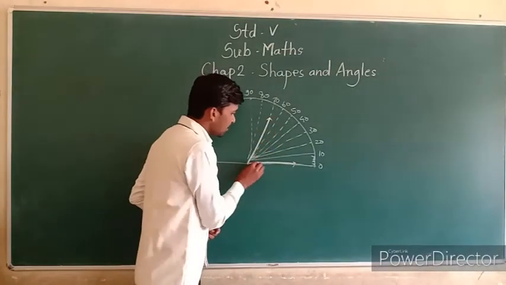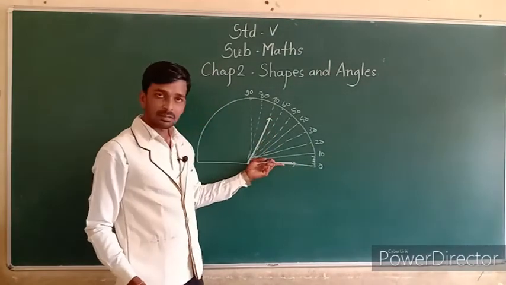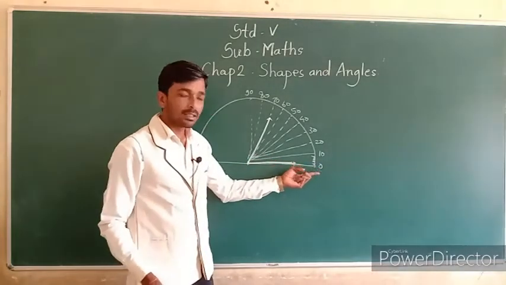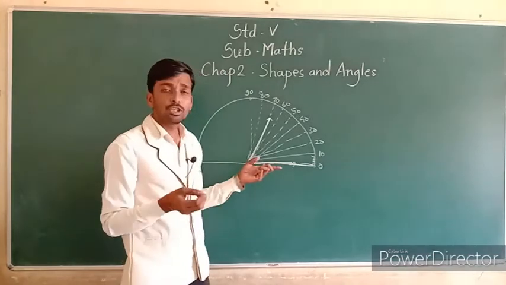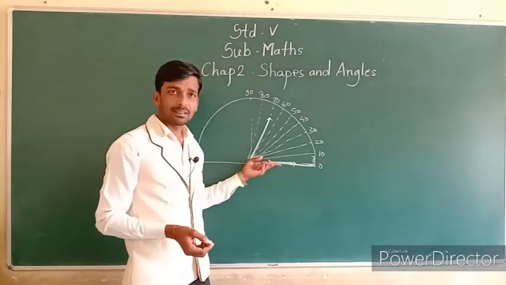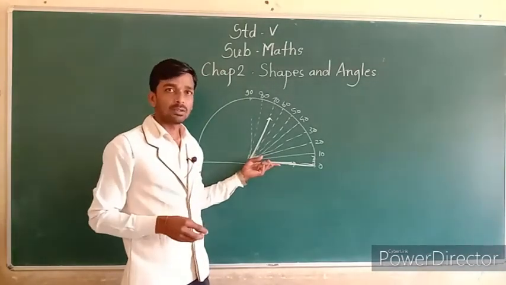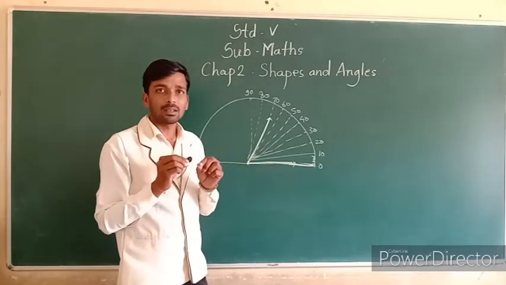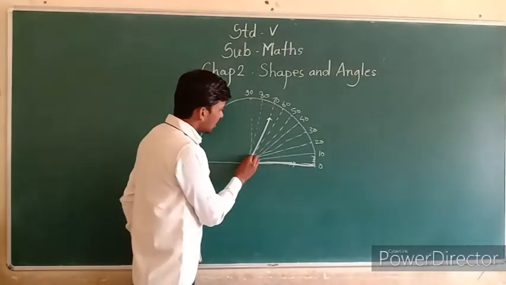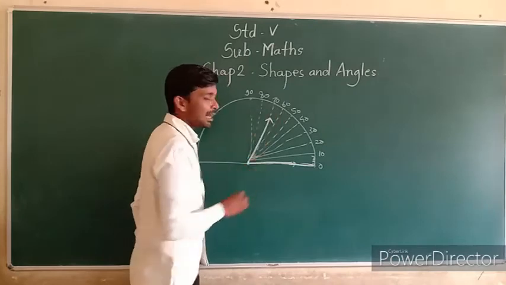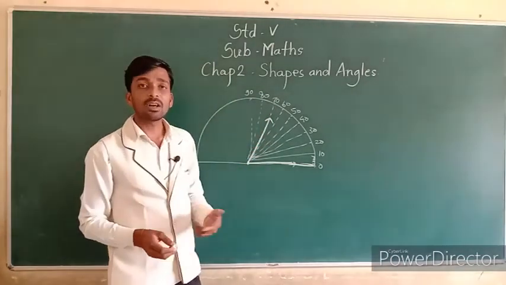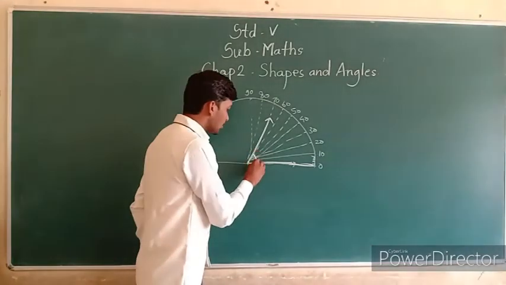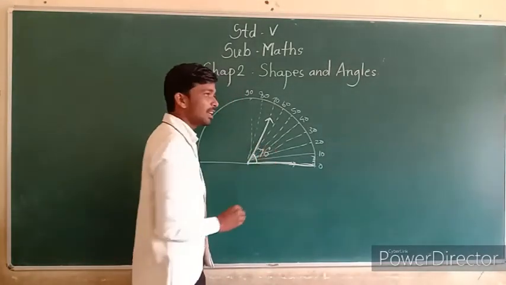You can join this line, just 0 degree line, okay, you put this 0 degree line on that angle's line, you match that, okay, and see the upside line, that is on 70 degree, so that is a 70 degree angle.